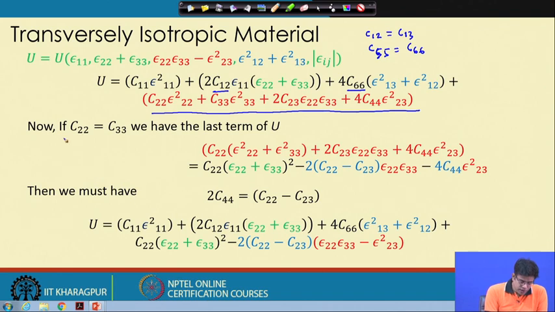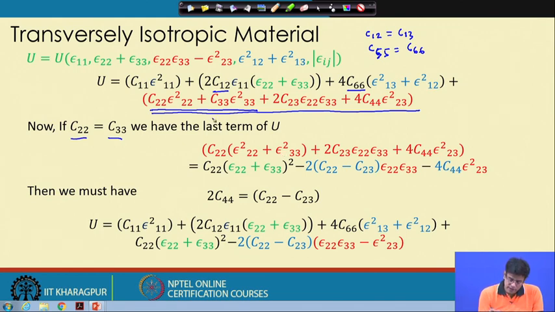Now, if we assume C22 and C33 are equal, then what will happen? It will be a function of epsilon 22 squared and epsilon 33 squared. So, if I assume C22 equals C33, then it will be a function of epsilon 22 squared and epsilon 33 squared.